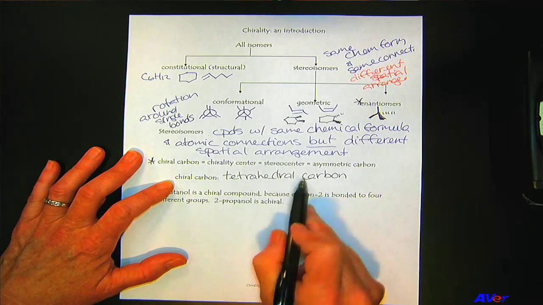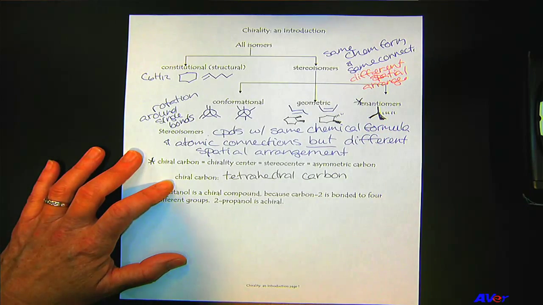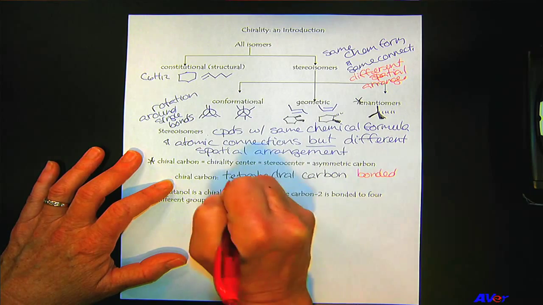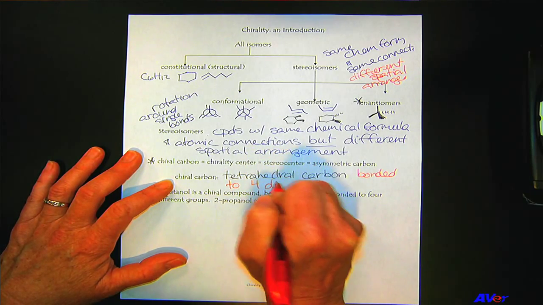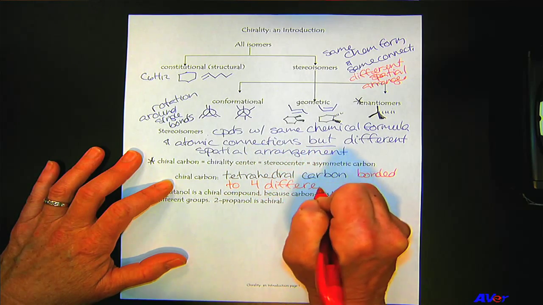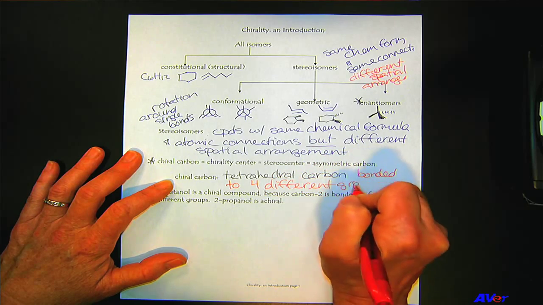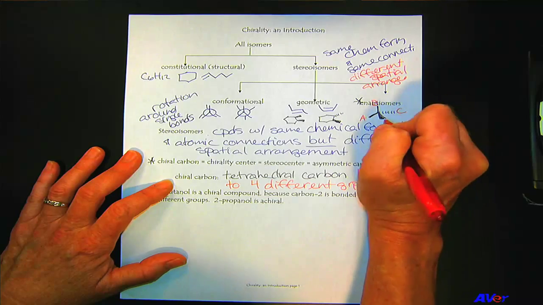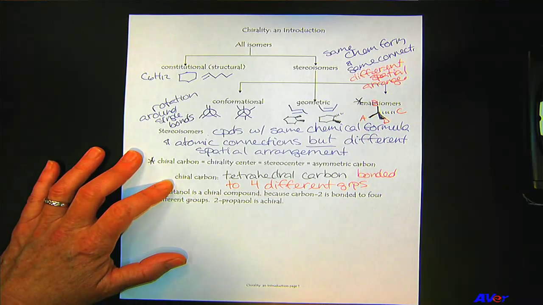Okay, so there's our tetrahedral carbon, right, but it is bonded to 4 different groups. All right, so we'll just say A, B, C, D, just to show that they're all different.